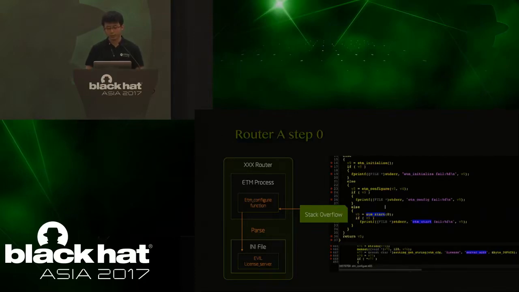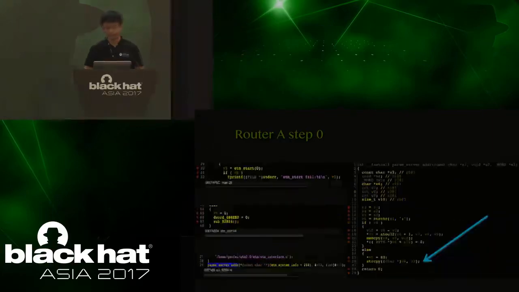Now let's have a look at the code. The upper code piece is in the main function, where we can see that the router first calls ETM initialize, then ETM configure, then finally ETM start. The lower code piece is in ETM configure, which reads the server address from the INI file into memory.